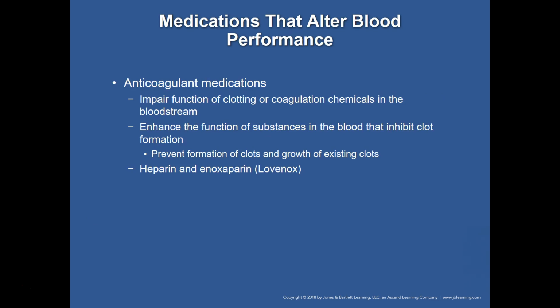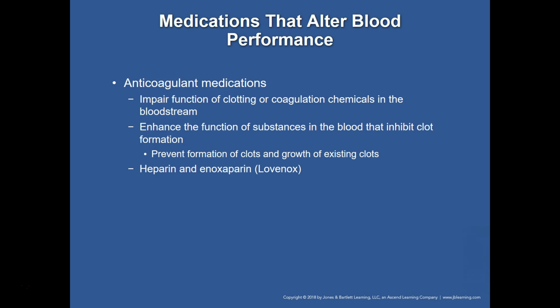Anticoagulant medications impair the function of clotting or coagulation chemicals in the bloodstream. Some of them even enhance the function of the substances that are already present in the bloodstream to inhibit clot formation. Heparin is an example of that, or Lovenox is another example.